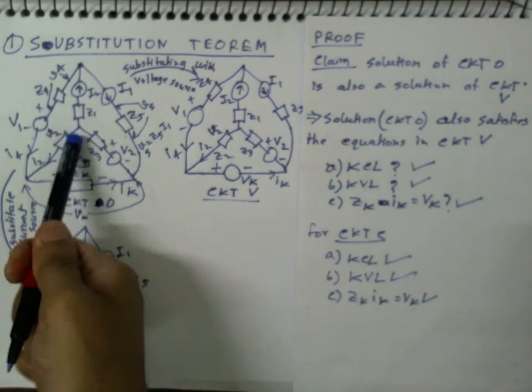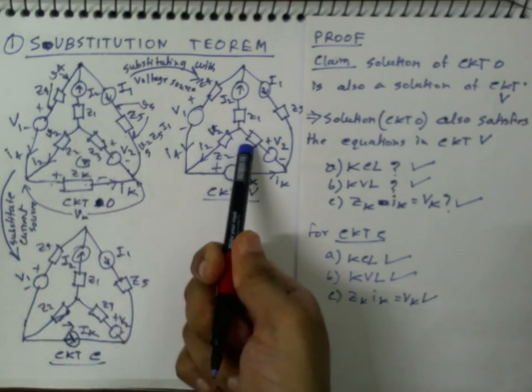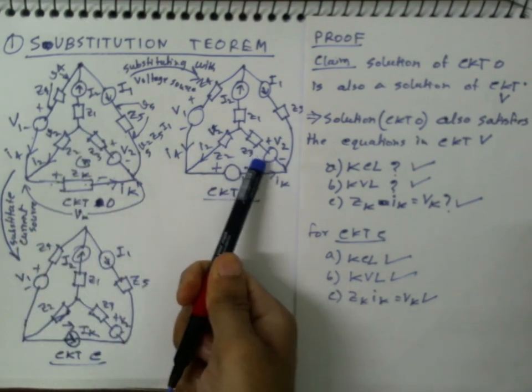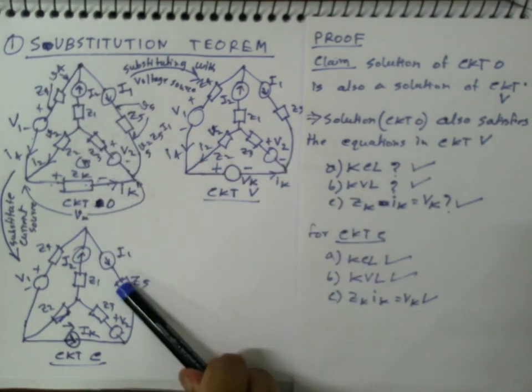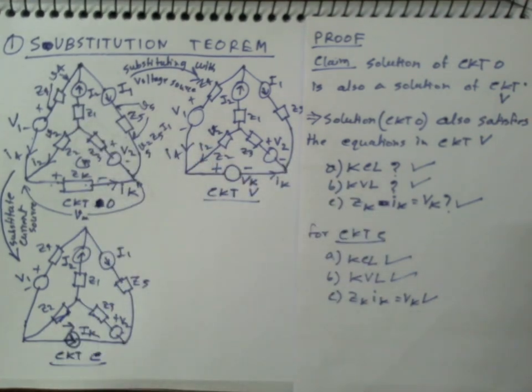So instead of solving this one, I can solve this one if this is easier to solve. Or instead of solving this one, I can solve this one if this is easier to solve. So that's the substitution theorem. Okay, thanks, cool.